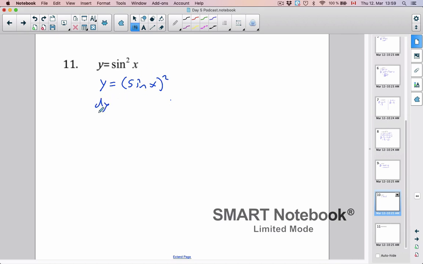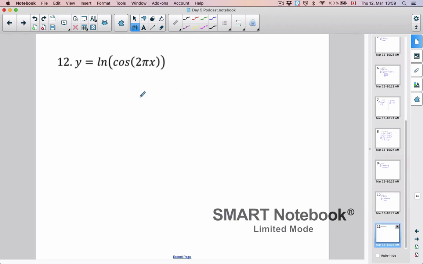When you do the derivative, this 2 comes out front, the exponent reduces by 1, so we just have sine x to the power of 1, multiplied by the derivative of what's inside the brackets, which is cosine x. And you could also, if you want to, rewrite this because this is an identity. This is equal to sine 2x, right? So that's kind of interesting. The derivative of sine squared x equals sine 2x.